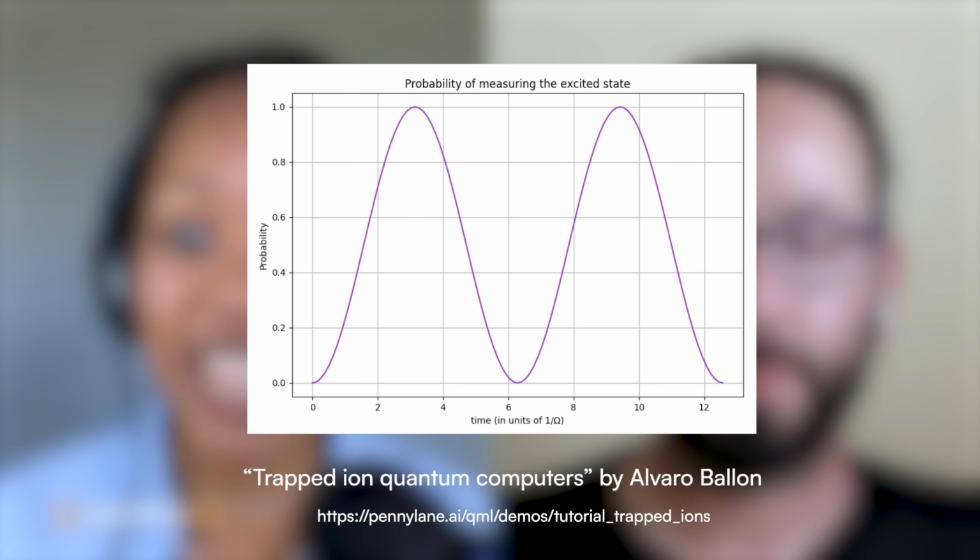So let me explain what this graph is showing and how this relates to the whole conversation. It turns out that the probability of finding your little calcium ion in the excited state, meaning the state where you shine a laser and you don't see the ion glow, depends on a number of things, including how long you shined your laser for.